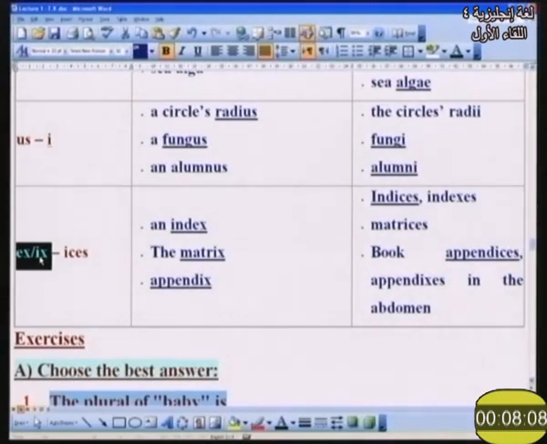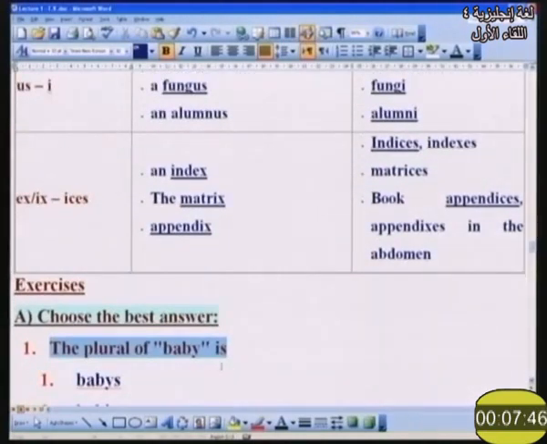Matrix, matrices. Appendix, appendices. Although the words index and appendix now have more anglicized plurals. You can say indexes and appendixes. Both are okay. Let's move to the exercises to check that we have fully grasped this area.